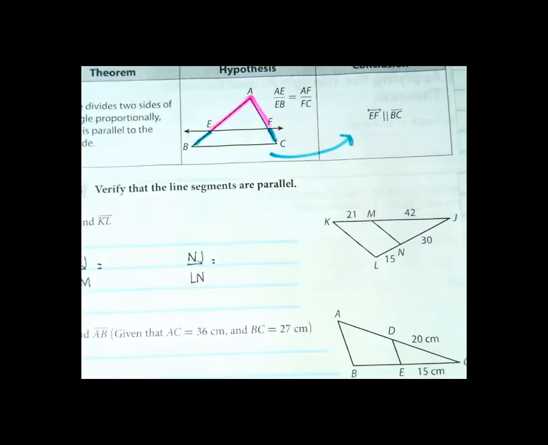And if those, in fact, are equal, then we have parallel lines.